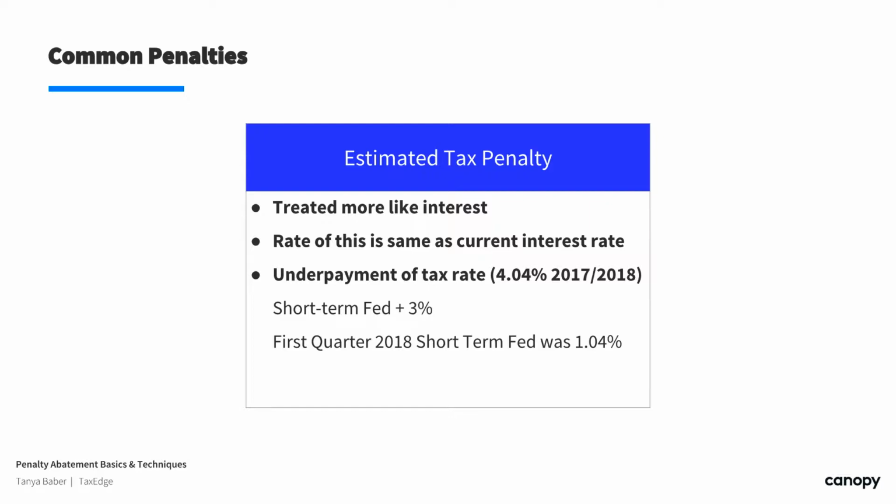As an example, back in 2017, our short-term federal rate was 1.04%, and then they add 3% to whatever the federal rate is. So the whole year 2017 was trucking along at 4%. Now in 2018, 4%. We don't see that changing much over the recent few years. But if the short-term federal rate substantially goes up, just be aware that your estimated tax penalty rate will change accordingly.